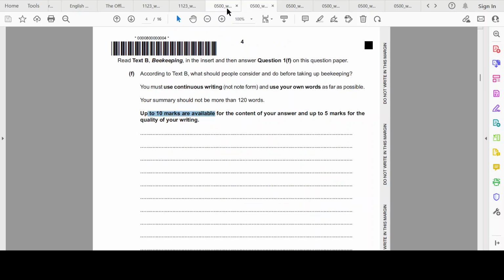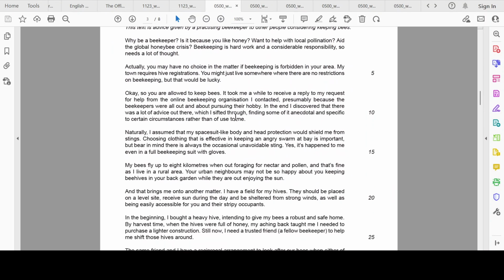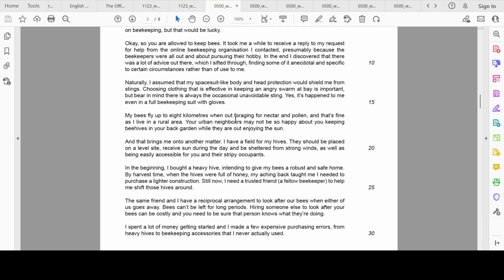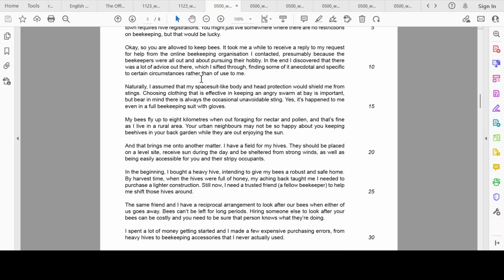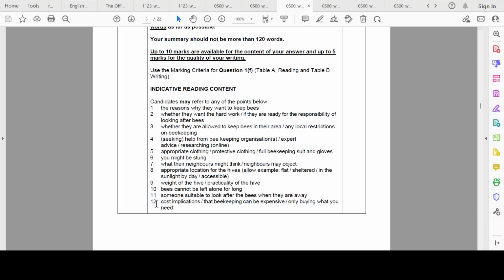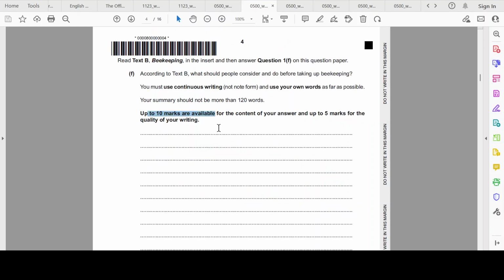Now, obviously, because this is a shorter text, when you start marking out, it will seem that most of the text is made up of content points, but still, similar to what we have in the Cambridge, you are required to have 10 content points in your summary for maximum marks, and the mark scheme will have anywhere between 11 to 13. So rather similar. So we can attempt this, and we can push our words up till 150, and we can change the grading to 10 marks and 10 marks.